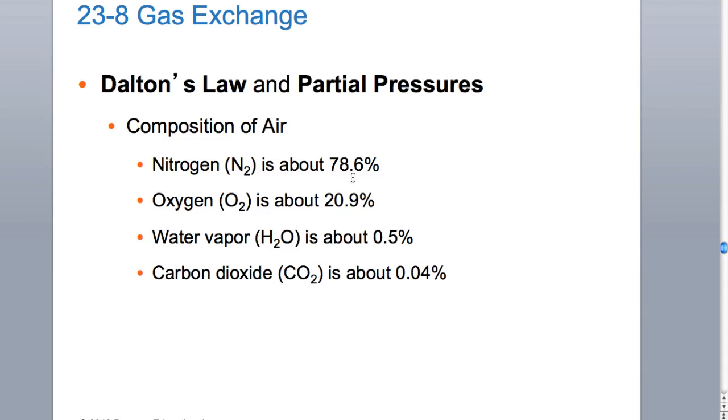If I took about 79% of 760 for nitrogen, it'd be, of course, much higher. Right, so that's how the partial pressures work.